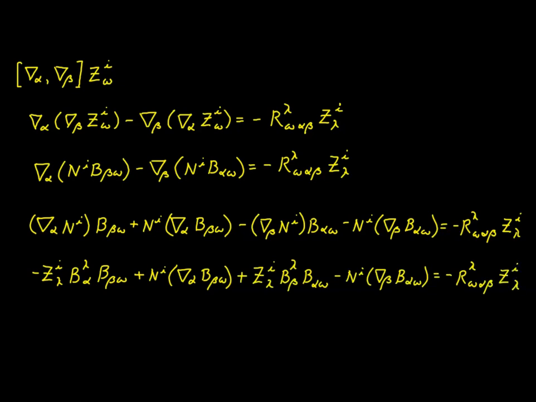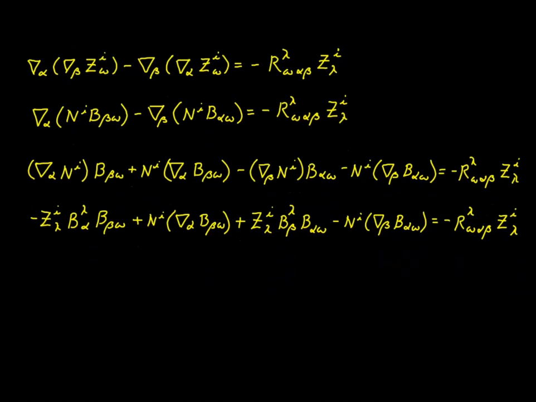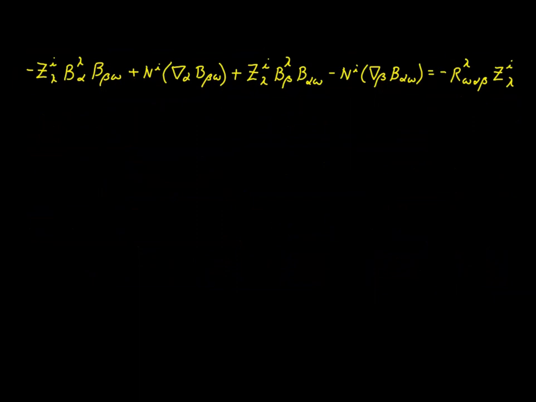Now this relationship is rather interesting on its own, but the real value comes when we find the normal and the surface projections of this equation. So that's what we'll do next. To find the normal projection, we need to contract both sides of the equation with N i in the lower position.